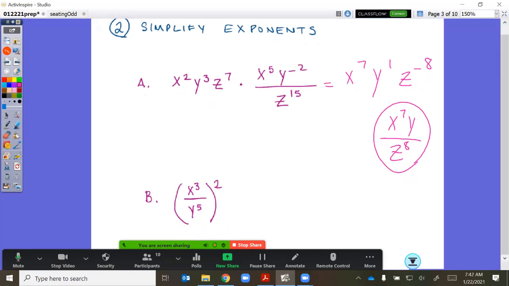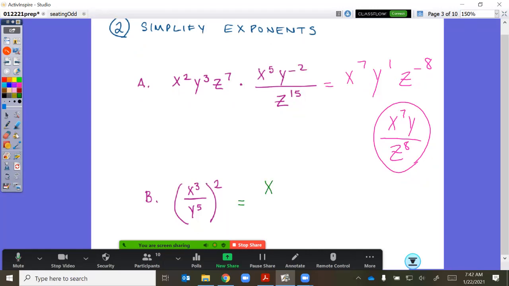Okay, so how about B? Special case. The only time you get to do this. All right, so since it's outside the parenthesis, that means I'm multiplying.